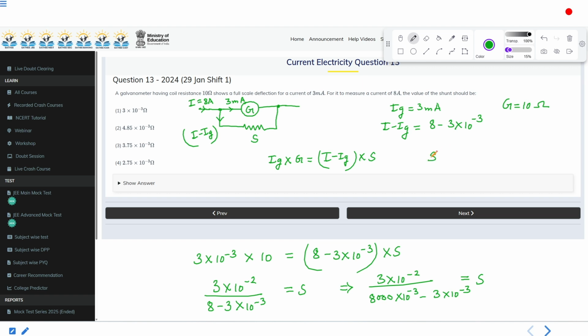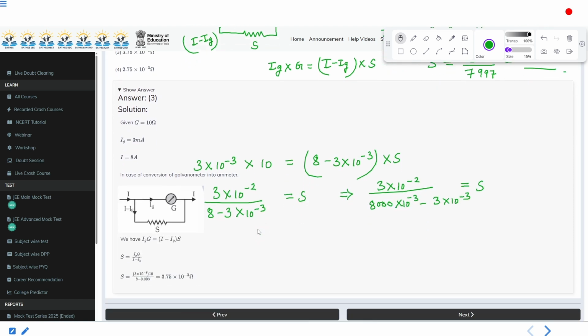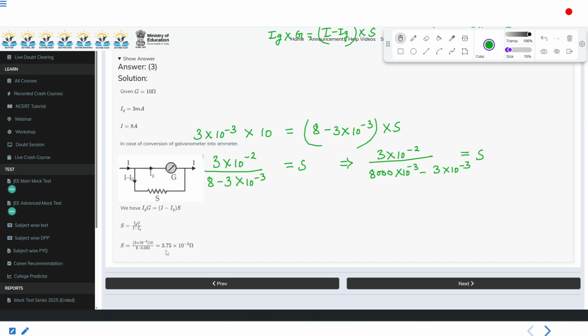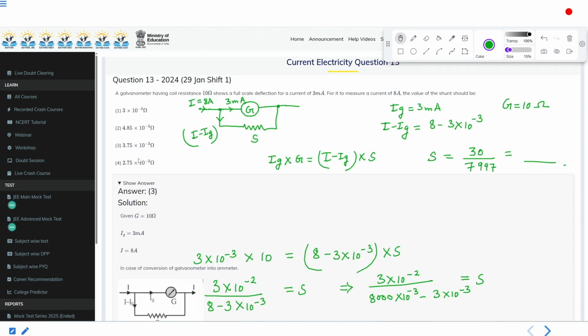So above it will become 30, and below 8000 minus 3 will become 7997. After solving this you will get the answer. So it will result in 3.75 into 10 to the power minus 3. So the third option will be the correct option. Got it?